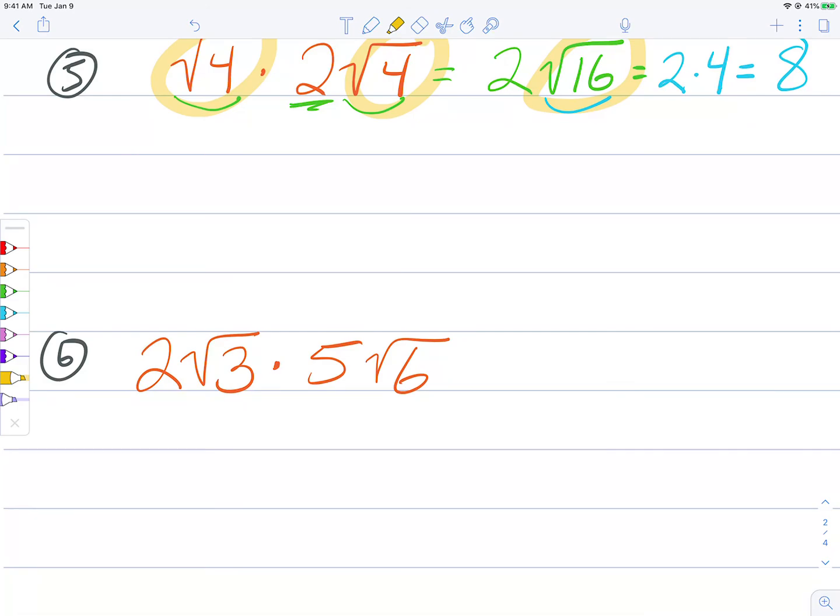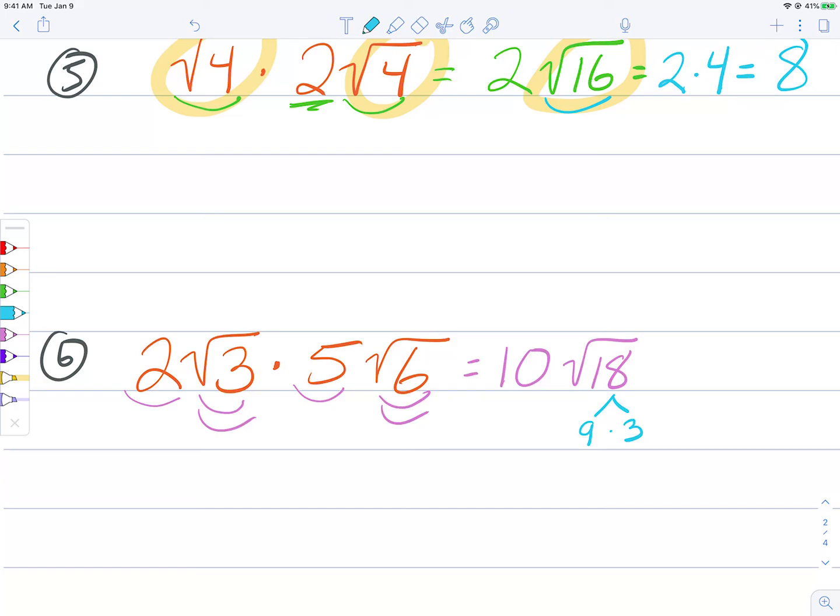Okay, this problem right here, we have 2 root 3 times 5 root 6. So first I'm going to multiply the integers, those coefficient integers, and 2 times 5 is 10. And then I'm going to multiply the roots together. So the square root of 3 times the square root of 6 is the square root of 18. 6 times 3 is 18. We can simplify this because 18 is 9 times 3.